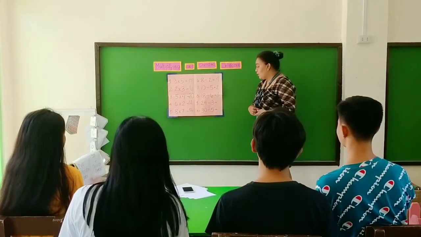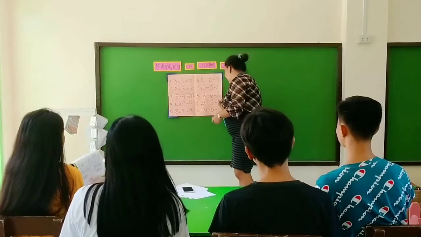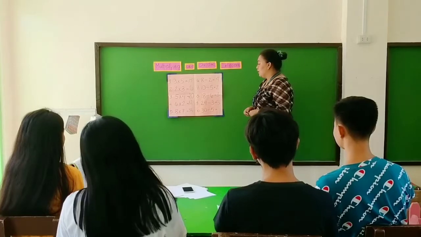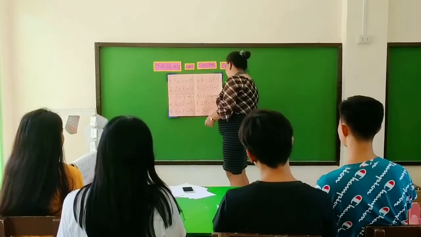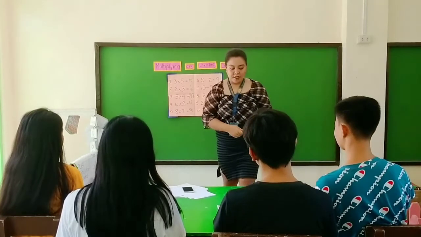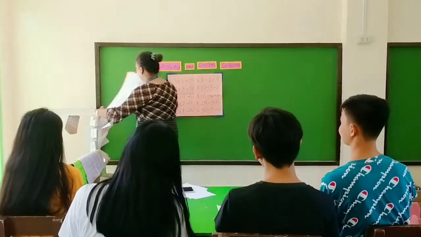Next equation, 24 divided by 3 is 8. Very good. And last, 30 divided by 5 is 6. Very good. All of you are correct.